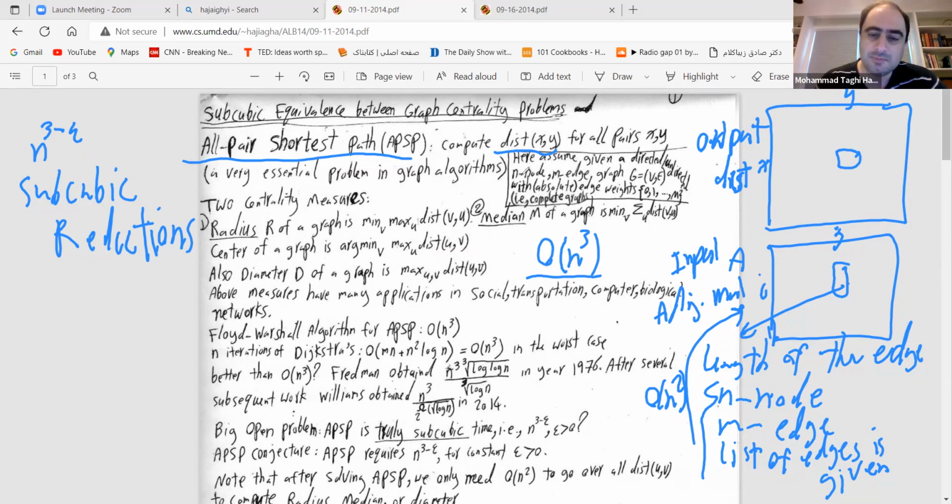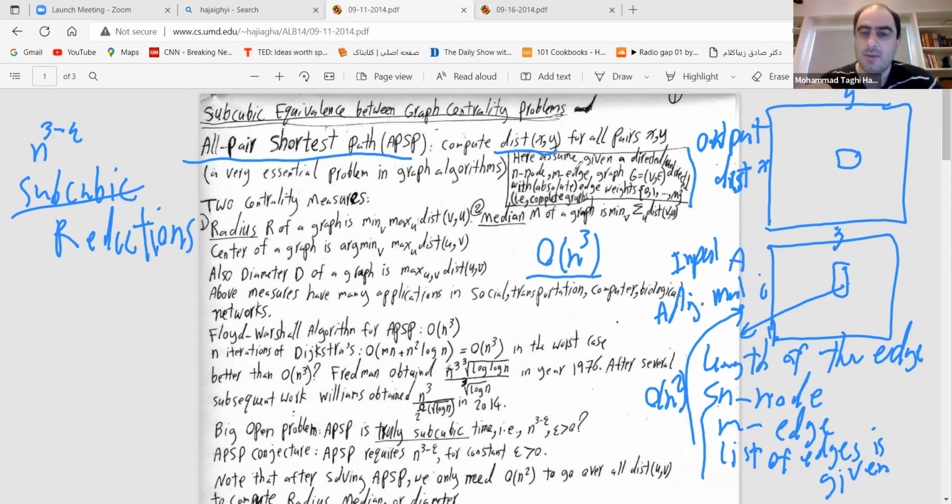If there are two problems where you can do some operations in little o of n cubed, like n to the 3 minus epsilon for some constant epsilon, then such a reduction is fine for us. The only thing that is important is breaking this n cubed. So adjacency matrix or the given set of edges makes not much difference.